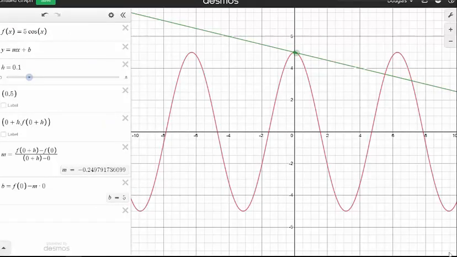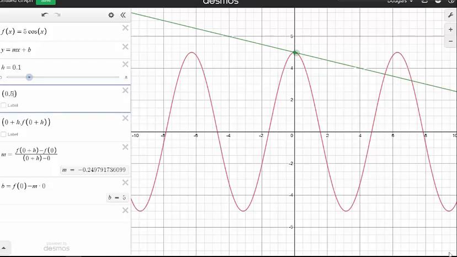Okay, so note that we've got the graph f of x equals 5 times cosine x. And then I got a bunch of other things programmed into here. Again, note that f of 0 is 5, but instead of putting it that way, I have f of 0 plus h.